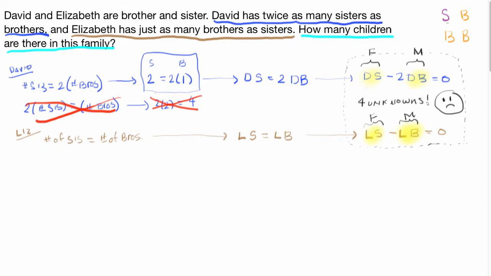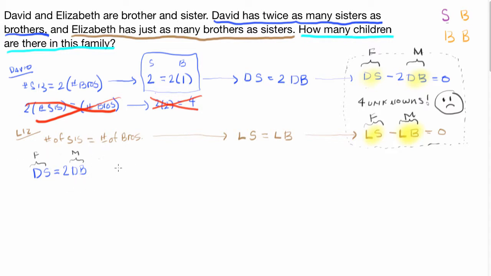Okay, so let's look at David's statement. David's statement says David's sisters equals 2 times David's brothers. Okay, and here, if we say this is females and this is males, here's the thing.